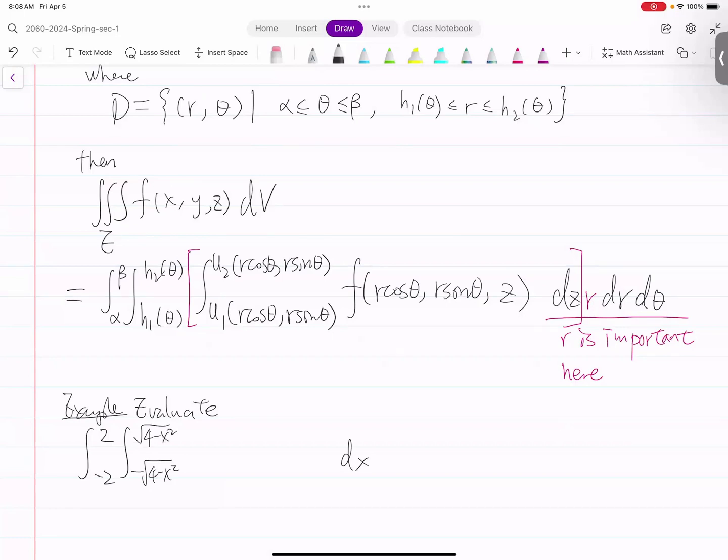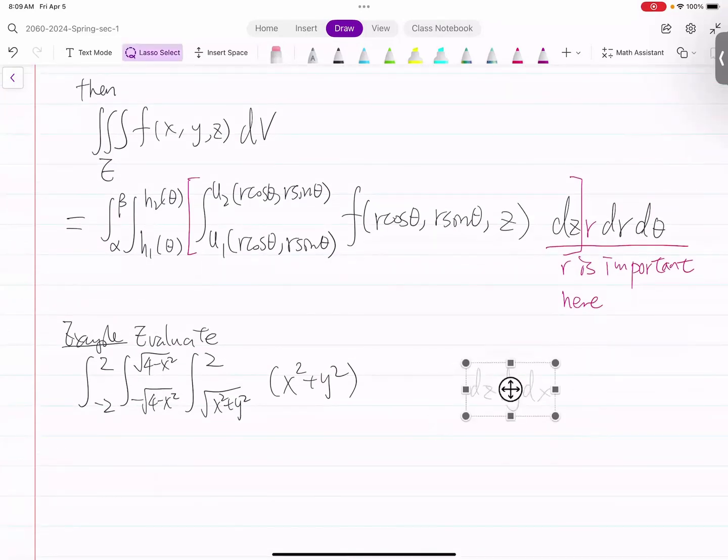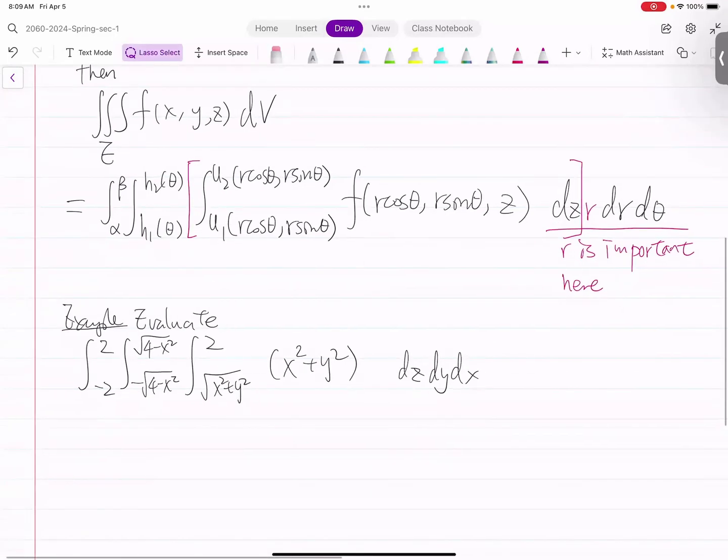And finally, this is dy. But z is between the square root of x squared plus y squared and 2. And then we're integrating x squared plus y squared. Now you get the triple integral.